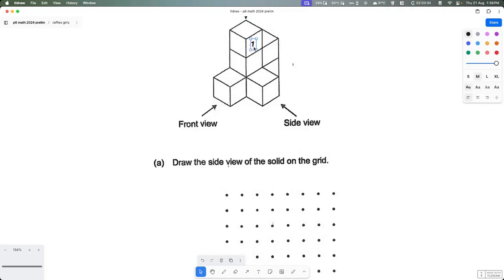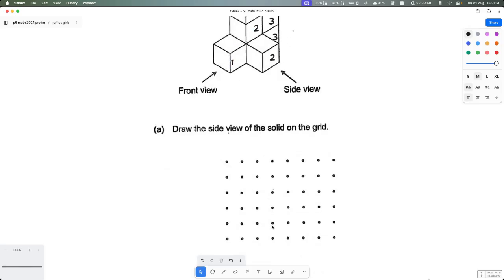So 1, 1, and then we have 2 over here, and then we have 3, 3 and 3. For this, let me just put 2 instead. So 2 and then 2.